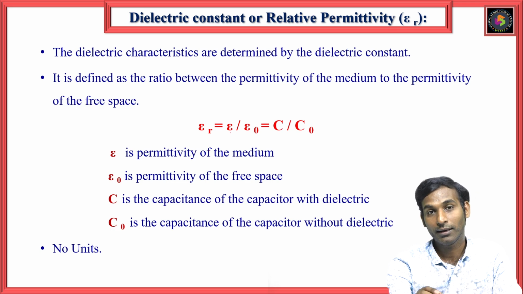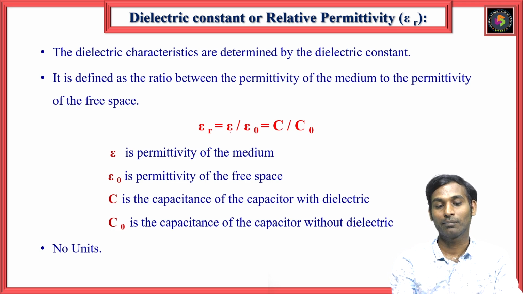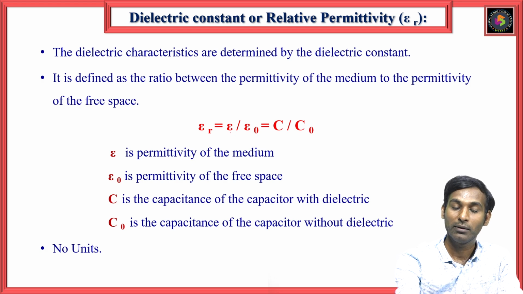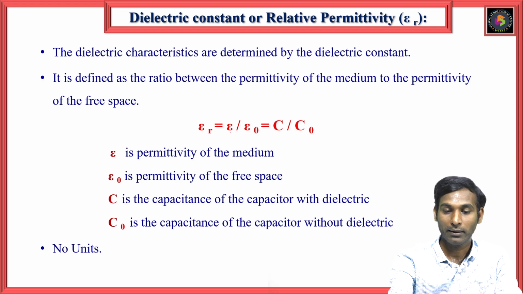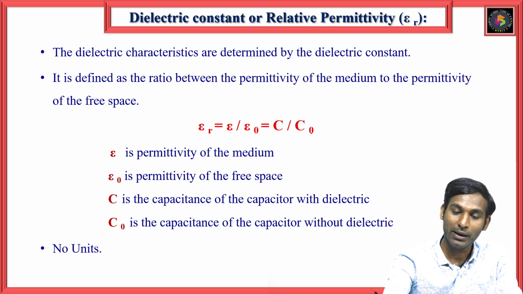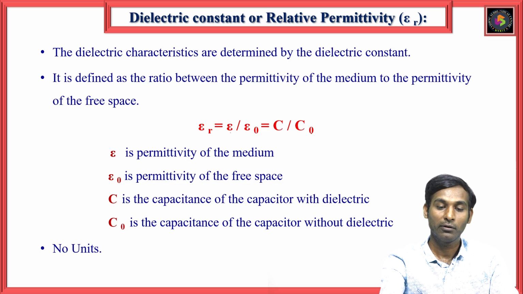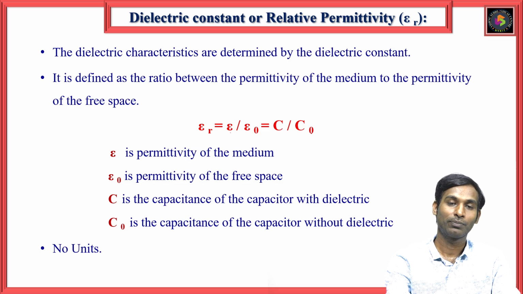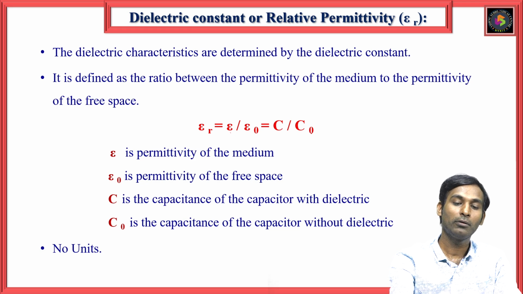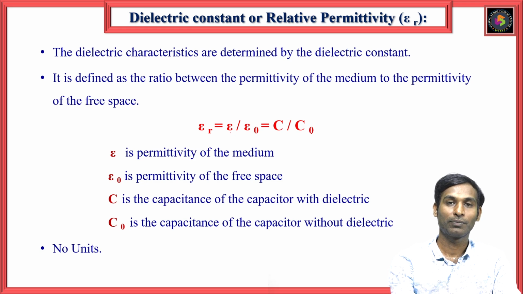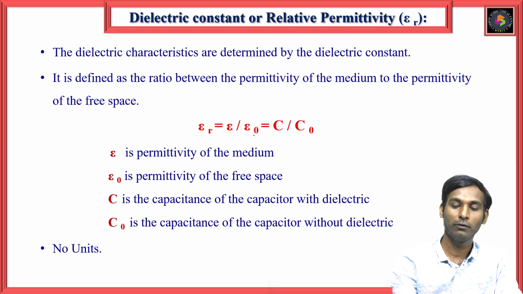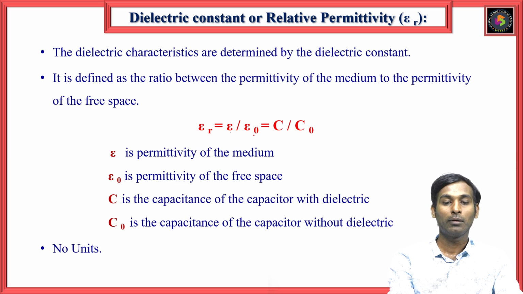Relative permittivity is equal to the capacitance of the capacitor with dielectric material divided by the capacitance of the capacitor without dielectric material. So E R is equal to E divided by E naught, where E naught means free space. The dielectric constant has no units.